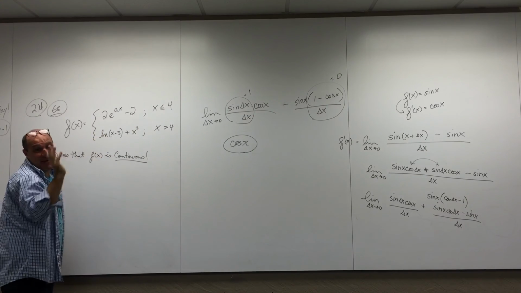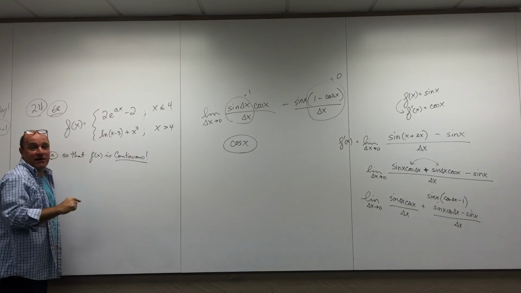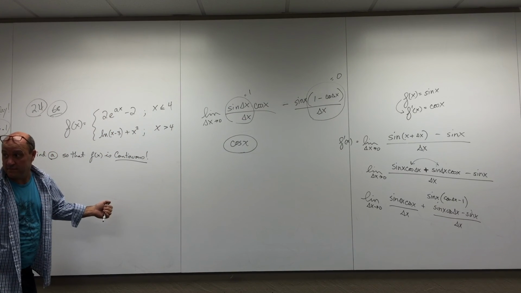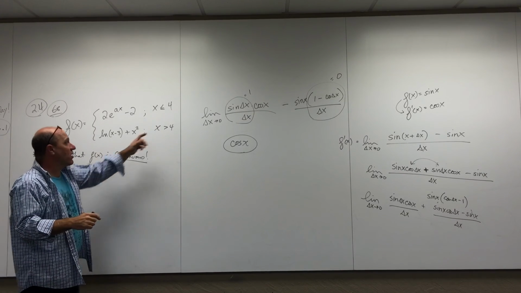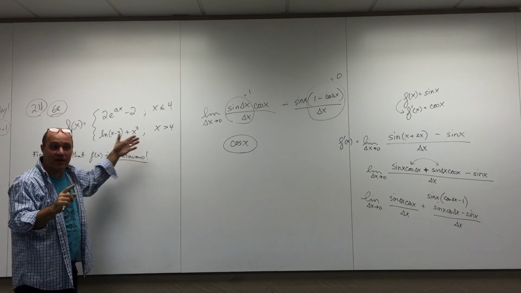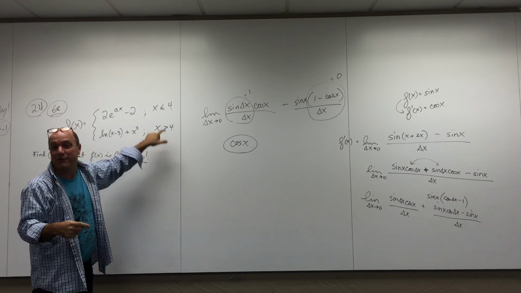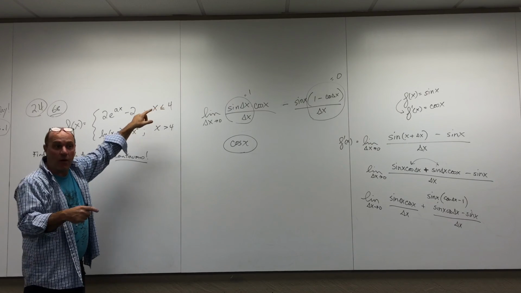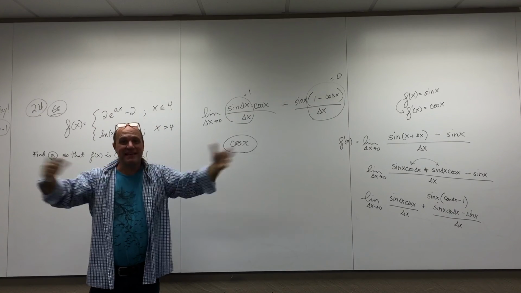If you remember, that basically meant plug a 4 into there and plug a 4 into there and make sure they're equal. Technically I am plugging in a 4, but I'm doing a limit as x approaches 4 from the right and a limit as x approaches 4 from the left. If I can get those limits to be equal, then it's going to be continuous.